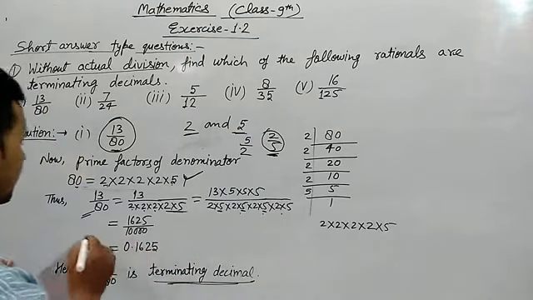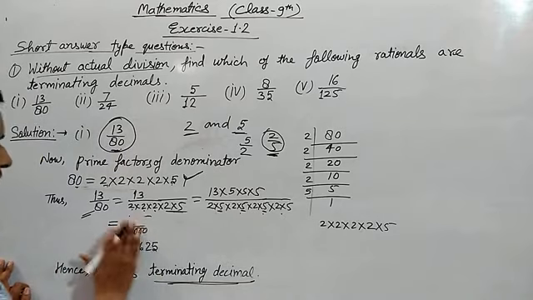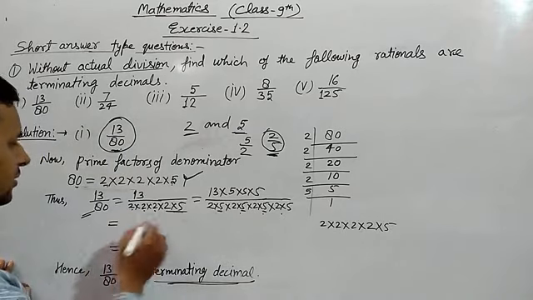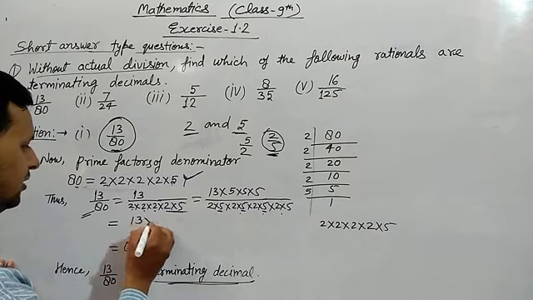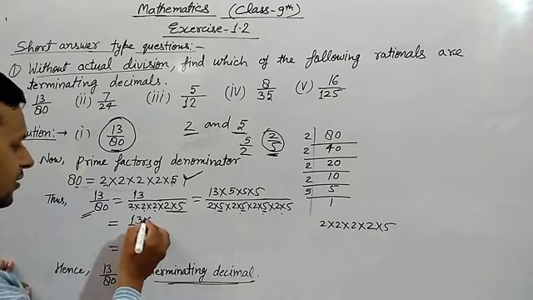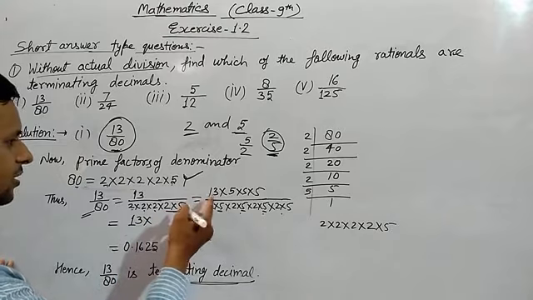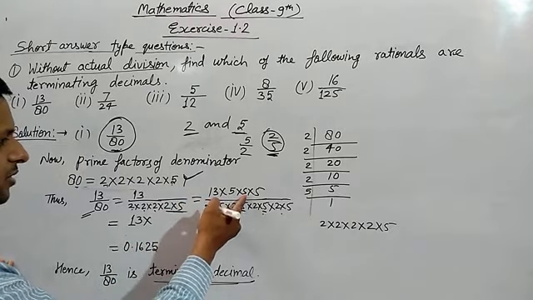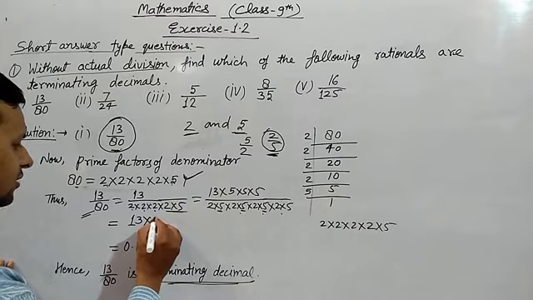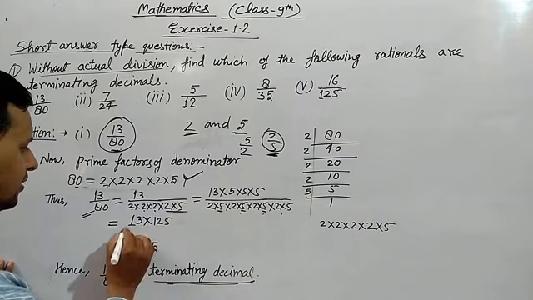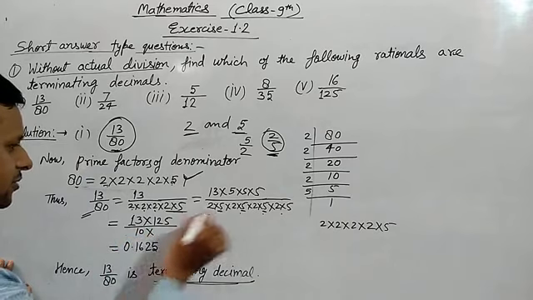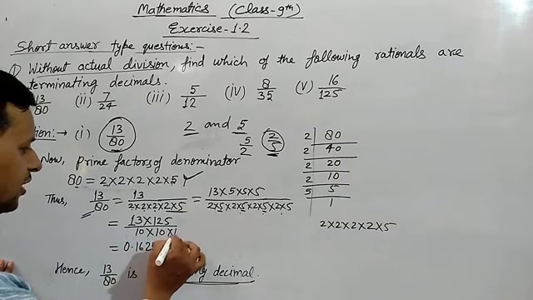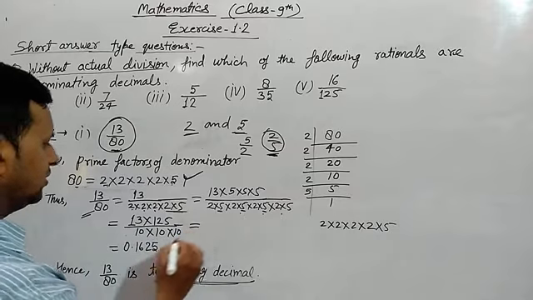We can write 13 into 5, 5, 5; 5 fives are 25, 25 fives are 125. Upon 10 to the power 4.